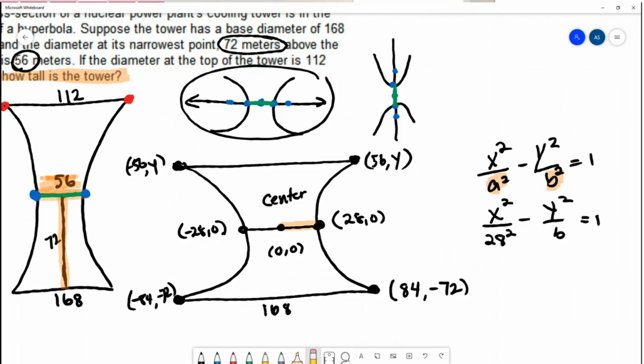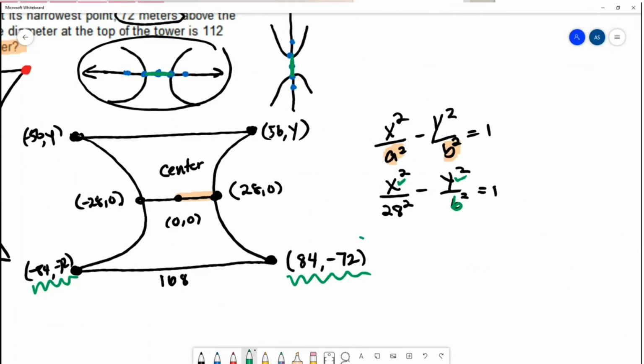And since b is unknown here, what I'm going to do is choose one of these ordered pairs. You can choose this one here, or you can choose this one here, either one. I'm choosing ordered pairs where I know both the x and y, and I'm going to substitute the x and y into the equation, and that means that the only missing value is b, and I'll be able to solve for that missing value.